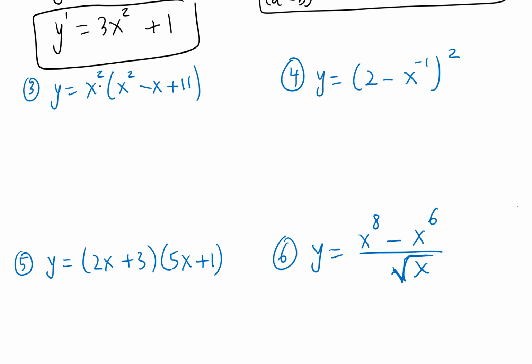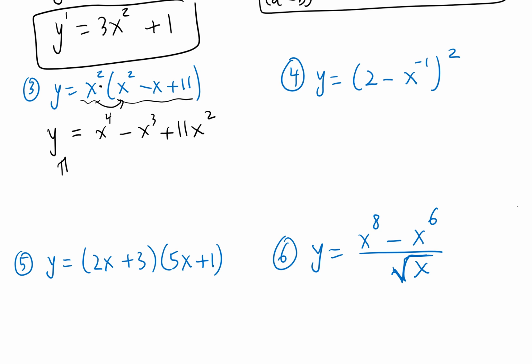Now for the first one, some people try to find the derivative of this one and the derivative of that one. It doesn't work out this way. It has a formula we will learn in the next section. And the only thing we have is to distribute this out. x to the 4th minus, multiply out, x to the 3rd, 11x squared. That's what y is.